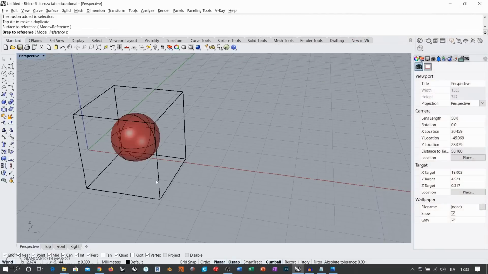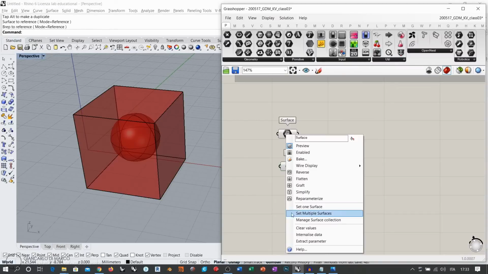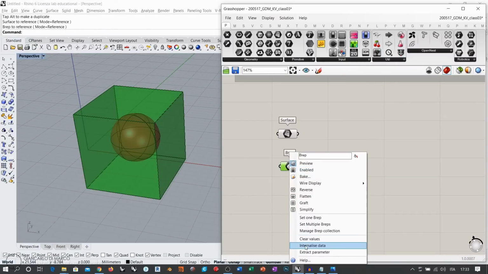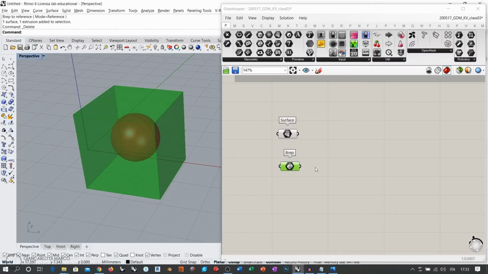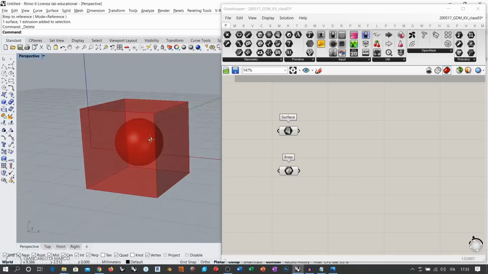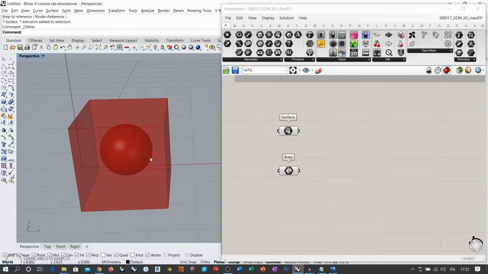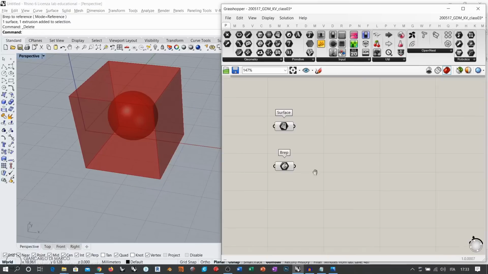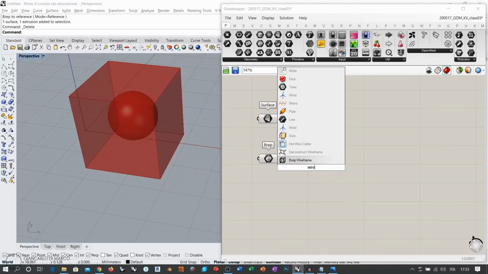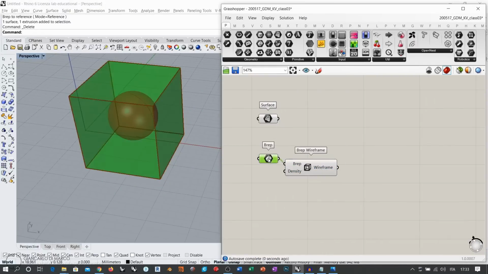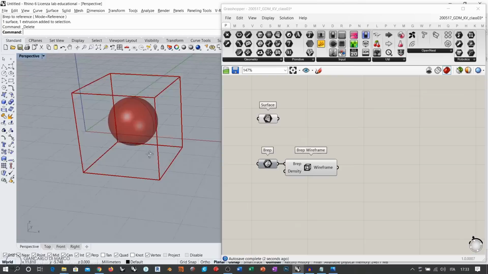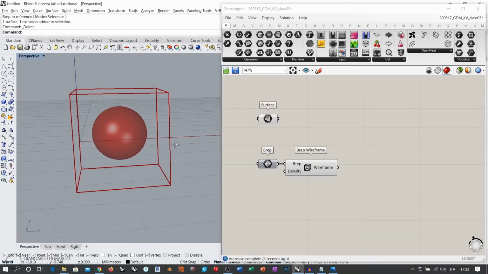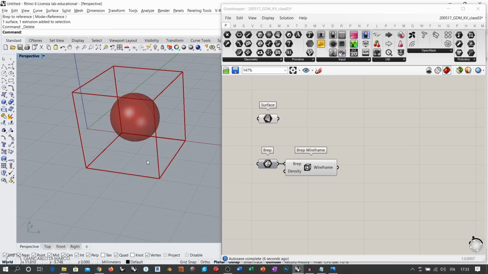Set one vrep, and it's going to be this one. I'm going to internalize both of them, and I can get rid of them all. I don't want to have the box visible, because this makes it a little more difficult to understand what happens on the inside. So I'm just going to use a vrep wireframe component so that I can hide the box and only see the wireframe, the edges of the box.